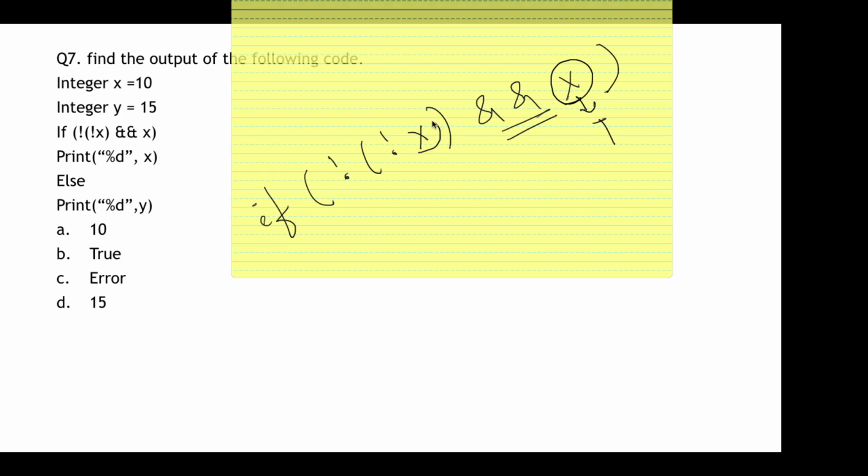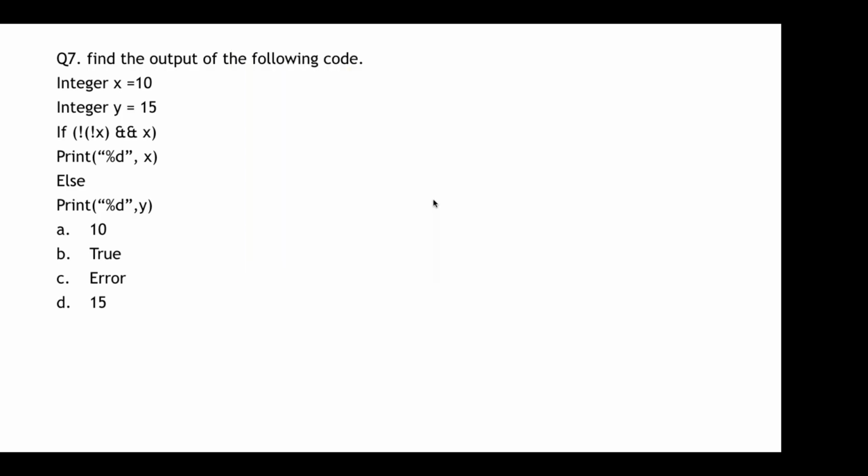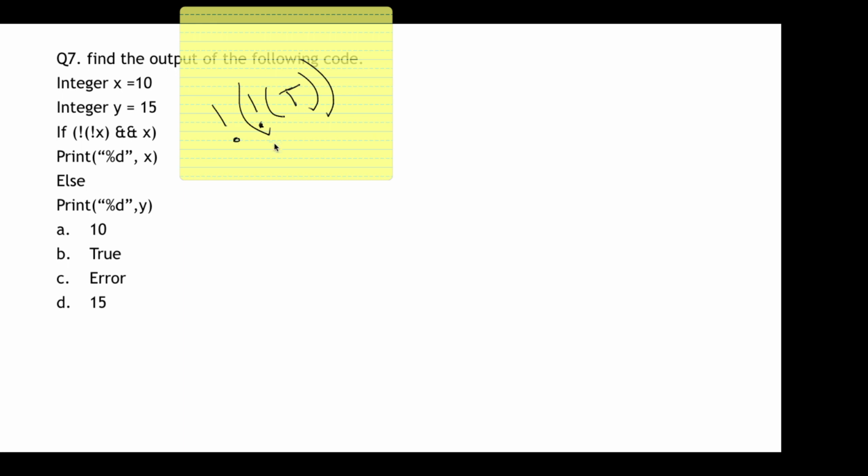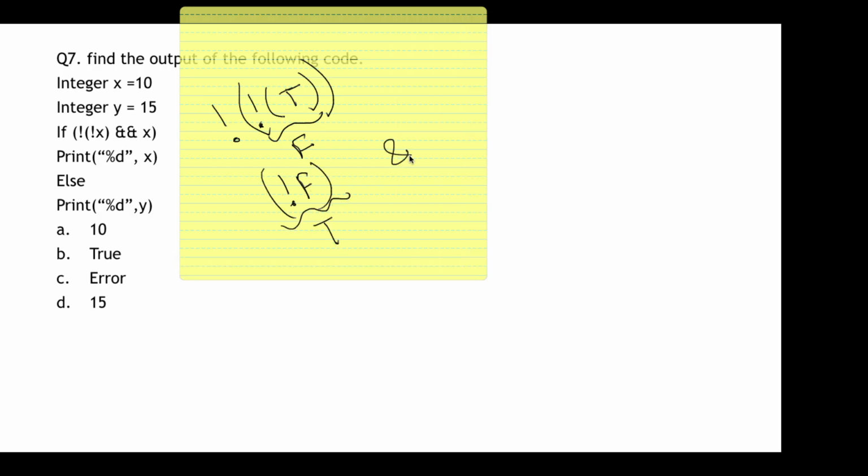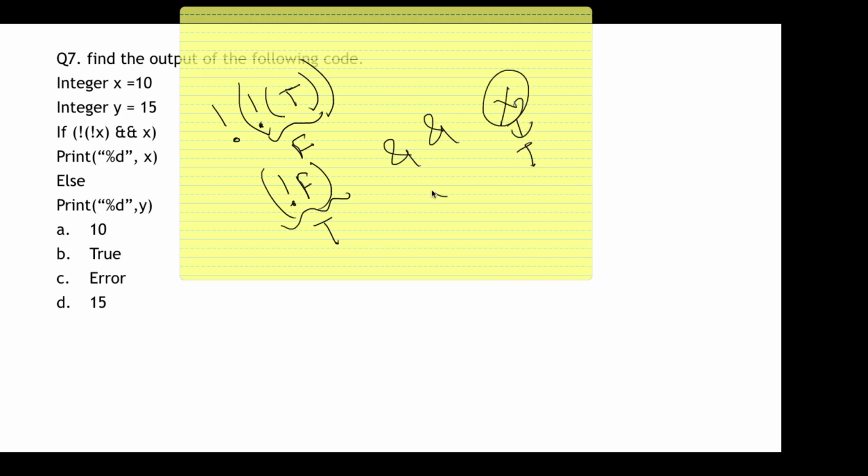Now see, this x value is true, not of true, then this becomes false. So not of true is false. Now not of false, this again becomes true. And on the other side we just have the value of x, which is true because that is 10. So true and true, the output is true.